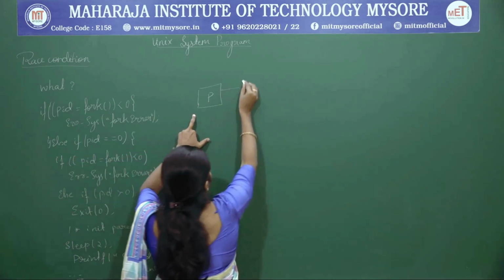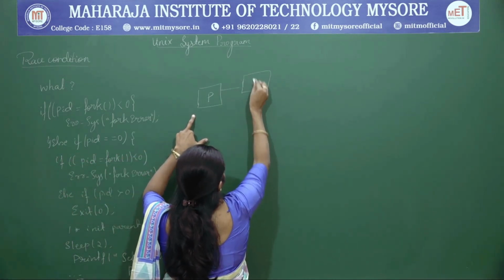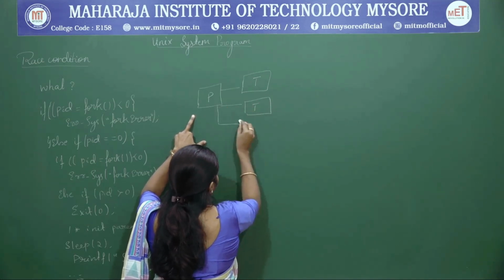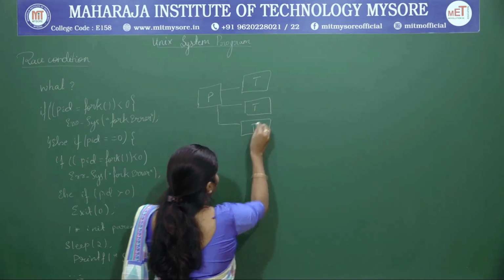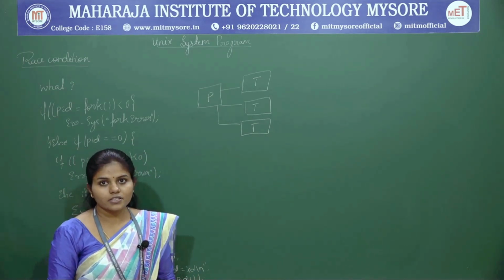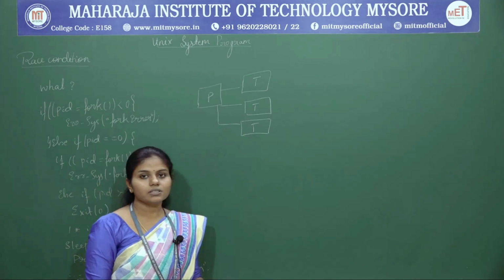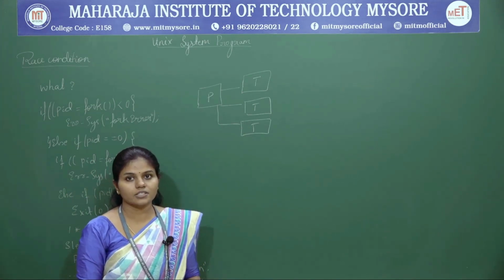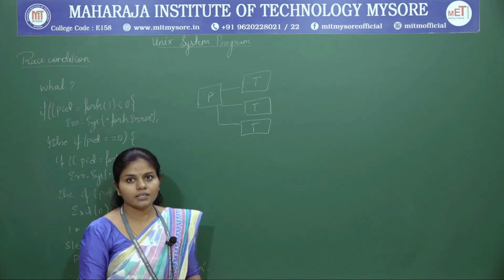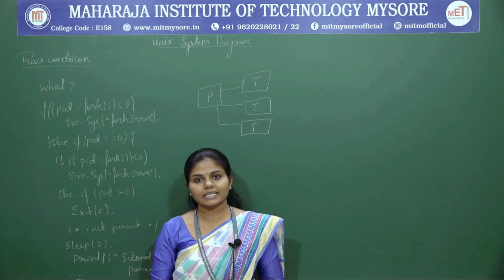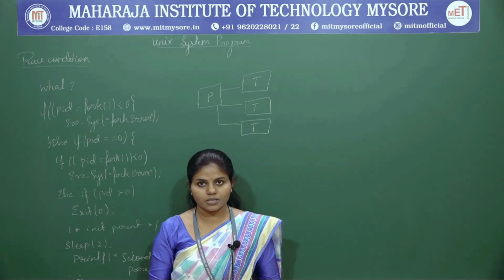Now P internally creates multiple threads for execution. These multiple threads make the program execute faster and concurrently, right? For that purpose we make use of the multi-threading and multi-process concepts.